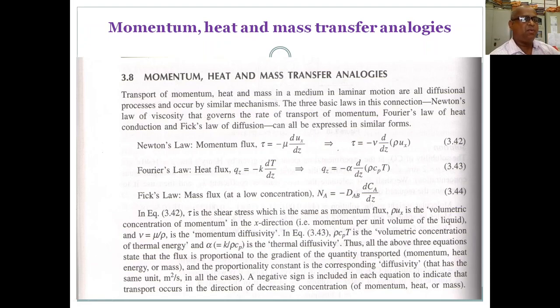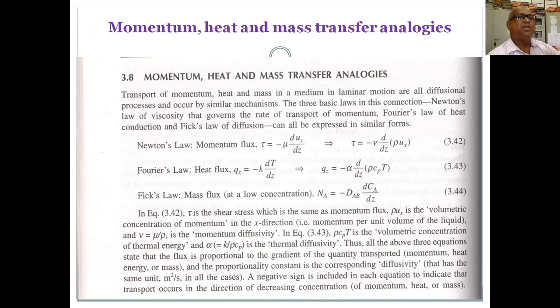When there is a pressure difference, fluid will flow from higher pressure to lower pressure, and when there is a temperature difference, heat will flow from higher temperature to lower temperature, and if there is a concentration difference, mass will flow from higher concentration to lower concentration, and these are all driving forces.